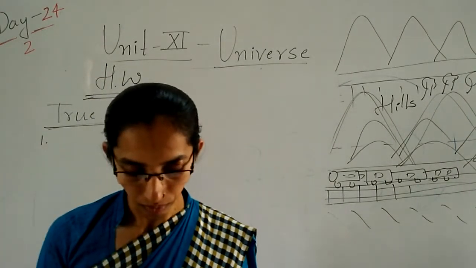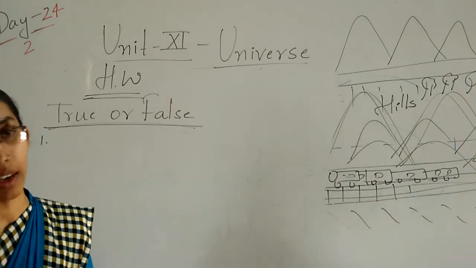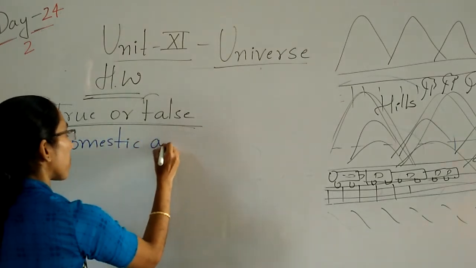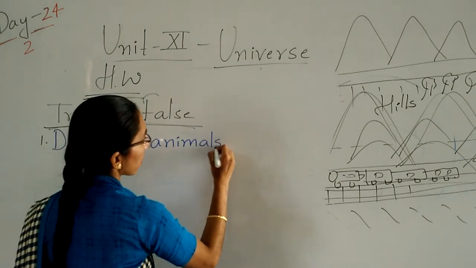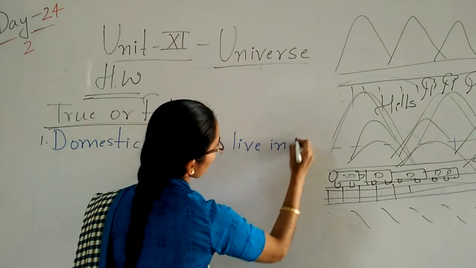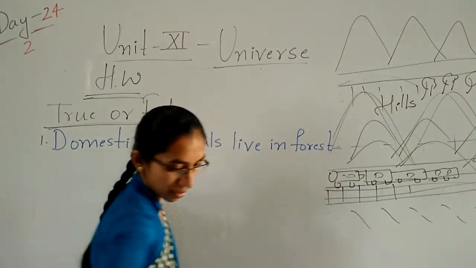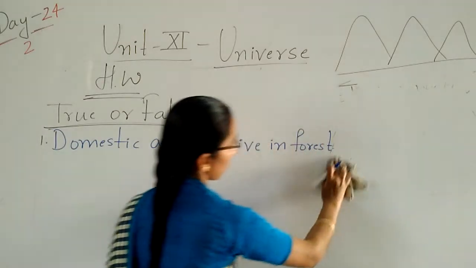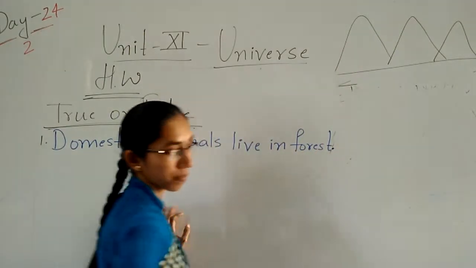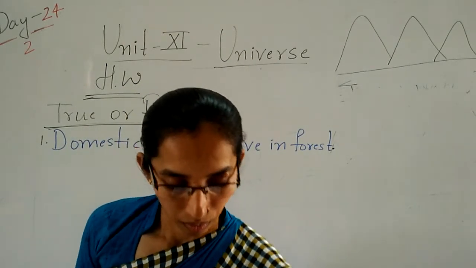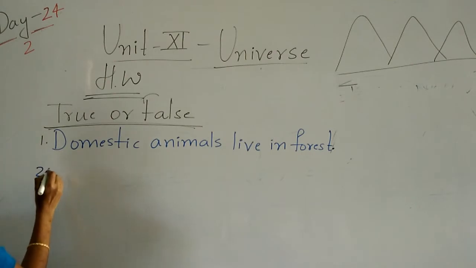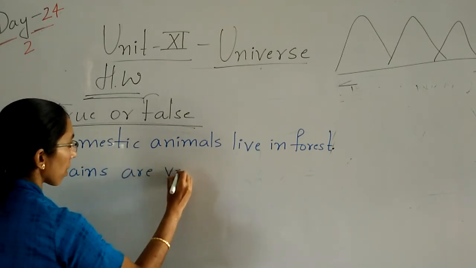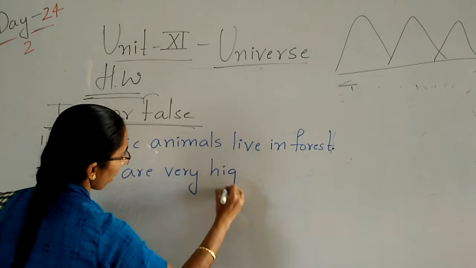First one: Domestic animals live in forest. Next one: Planes are very high.